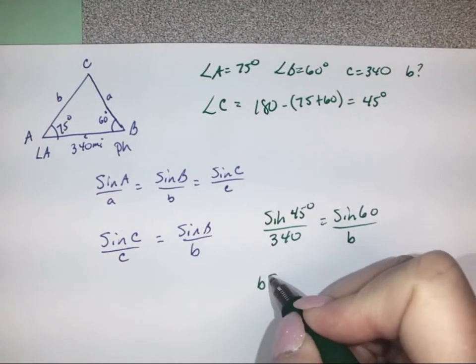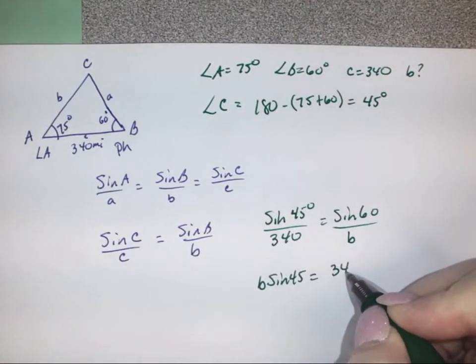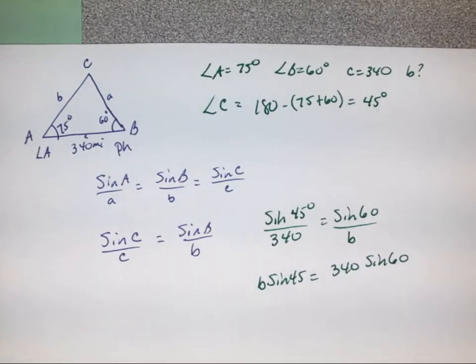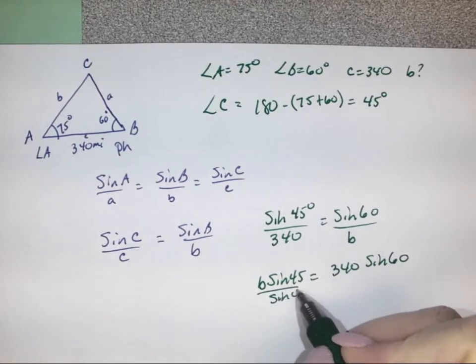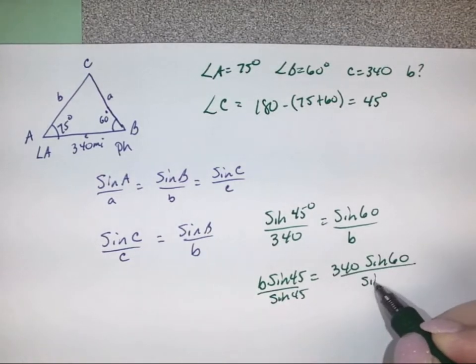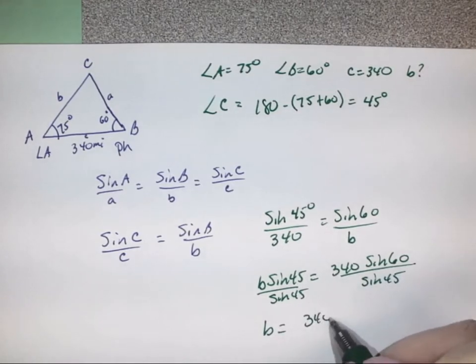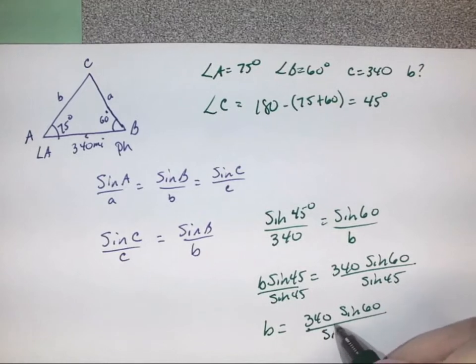So b times the sine of 45 is equal to 340 times the sine of 60. So I'm going to divide by my sine of 45. So b would be equal to 340 times the sine of 60 divided by the sine of 45.